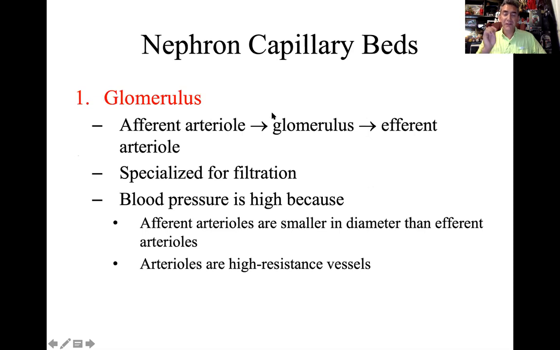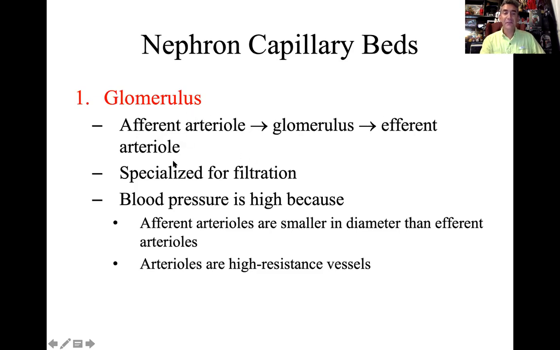Right? So again, that's the only part of our circulatory system that is going to be fed and drained by arterial circulation here. So arterial blood in, glomerulus, arterial blood out. Right? So that's, again, unique there.